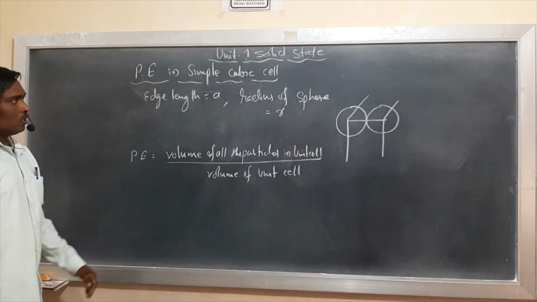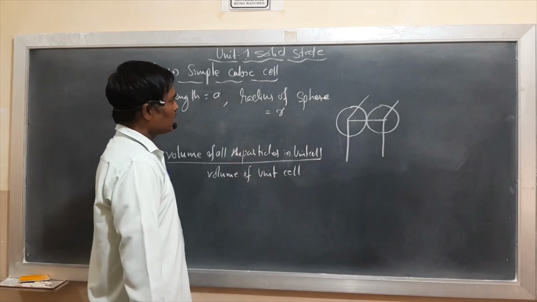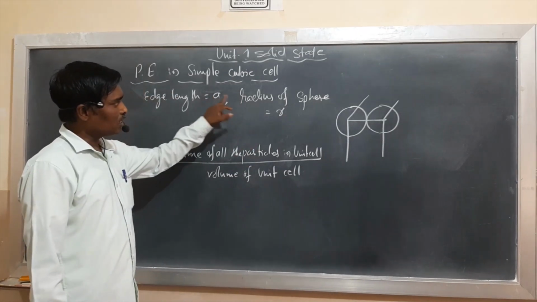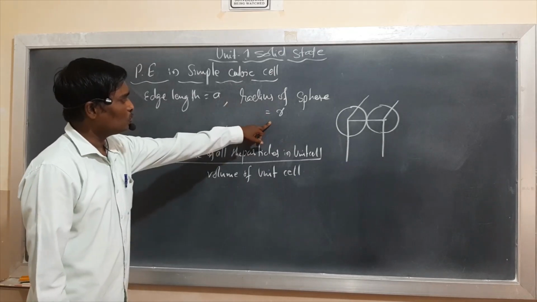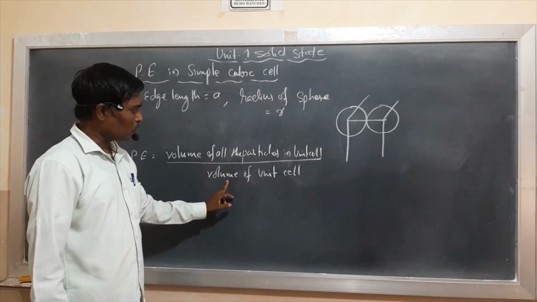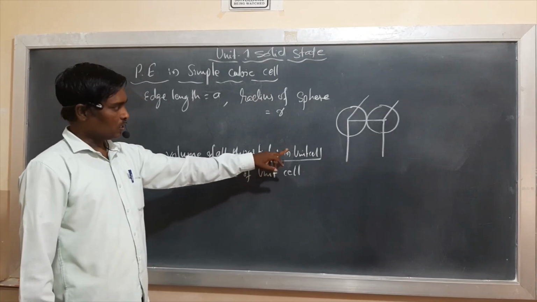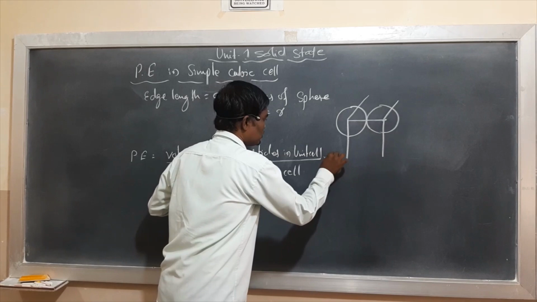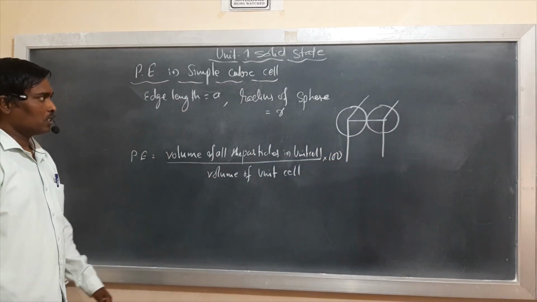Okay. Therefore, in the simple cubic unit cell, first let me define the relationship between the edge length and radius, then I will calculate the volume of the unit cell, then I calculate the volume of all the particles in the unit cell, and then I will substitute in this formula. Okay. Then finally I calculate the packing efficiency.